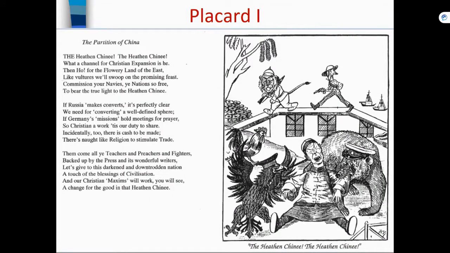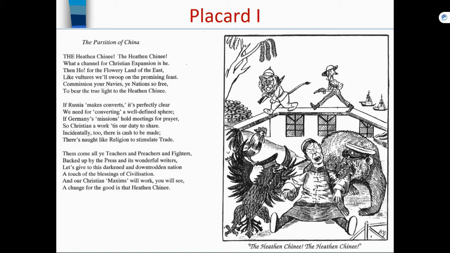Placard I. The Partition of China. The heathen Chinese, what a channel for Christian expansion is he. Then ho for the flowery land of the east, like vultures will swoop on the promising feast. Commission your navies, ye nations so free, to bear the true light to the heathen Chinese. If Russia makes converts, it's perfectly clear we need for converting a well-defined sphere. If Germany's missions hold meetings for prayer, so Christian a work 'tis our duty to share.